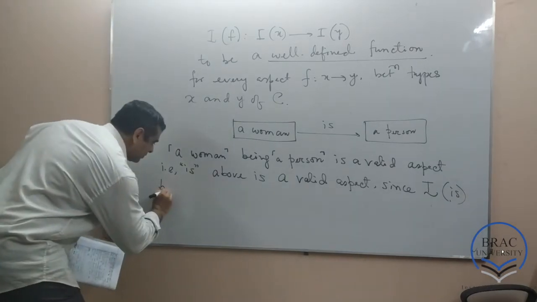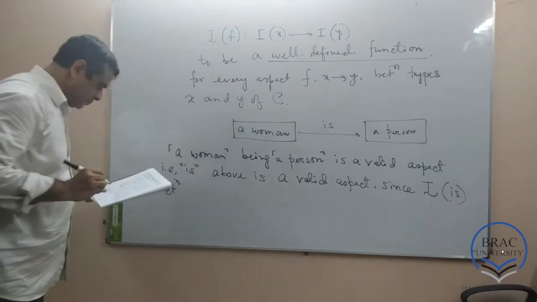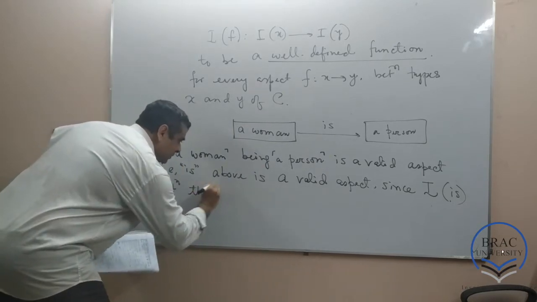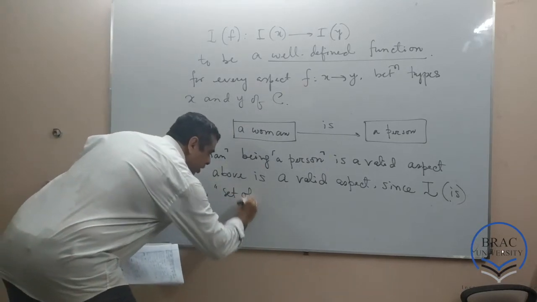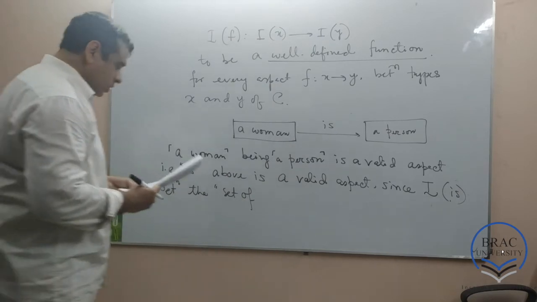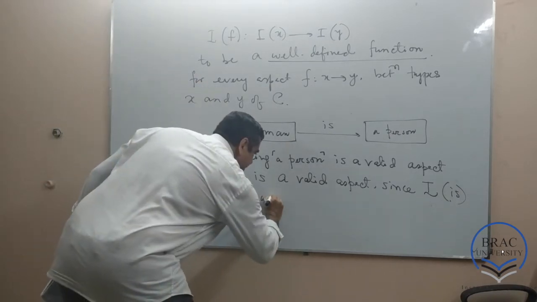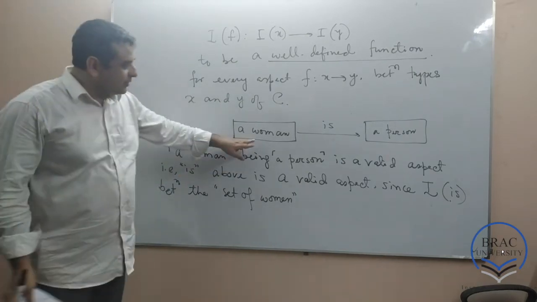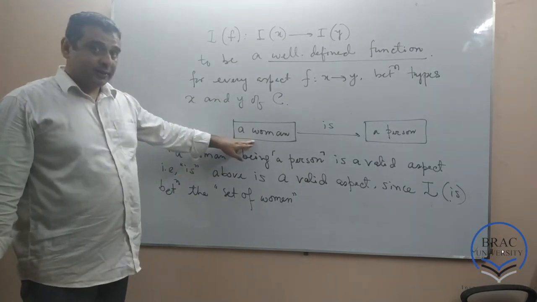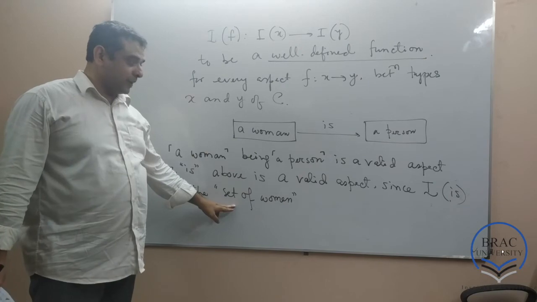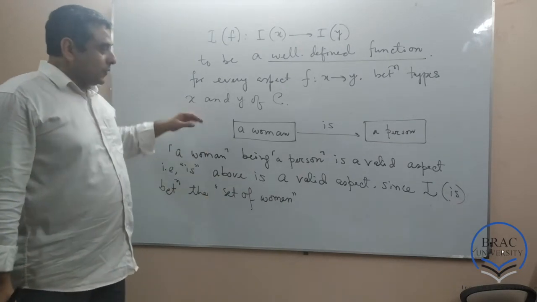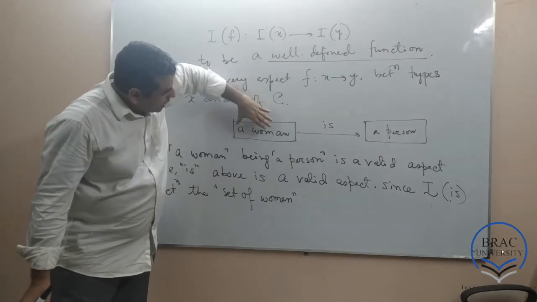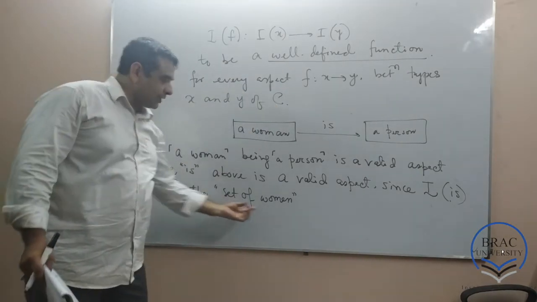between the set of women. This is not the same as this box of woman. It is different from the set of women. So the I functor acting on this type gives me the set of women.